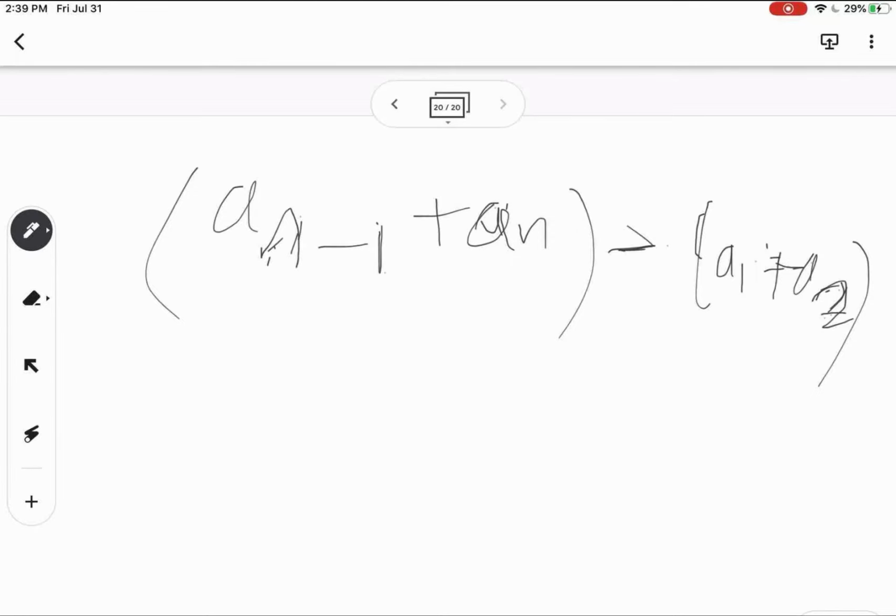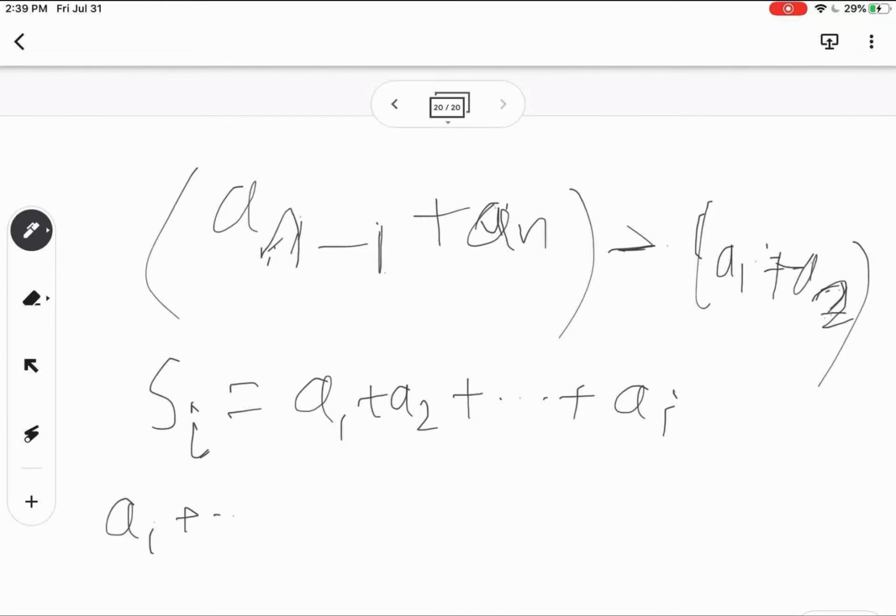And the clever thing you want to do is define a different type of sequence, which is Si, a partial sum. So if you have Si equals A1 plus A2 plus all the way to plus Ai, then A(i+1) plus all the way to Aj equals Sj minus Si.